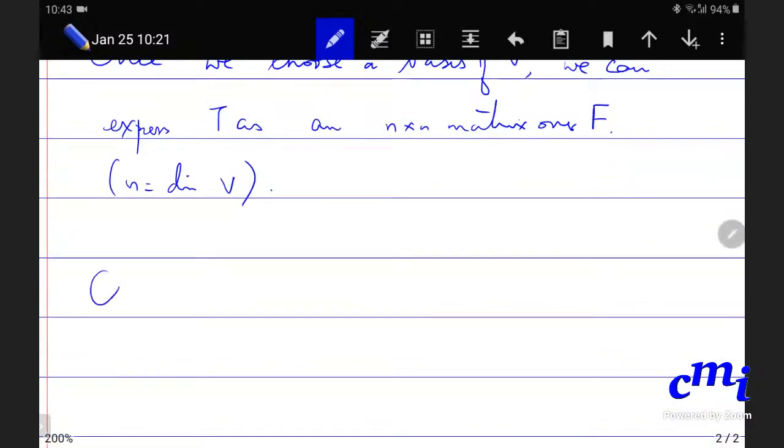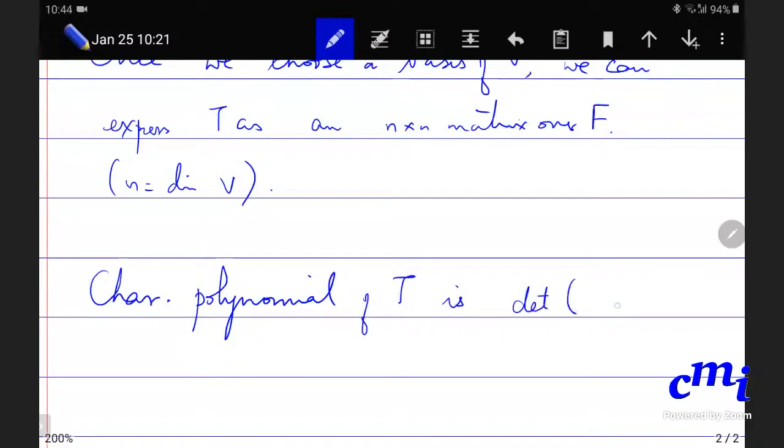So now the characteristic polynomial of T is the determinant of tI minus T, where little t is a variable.